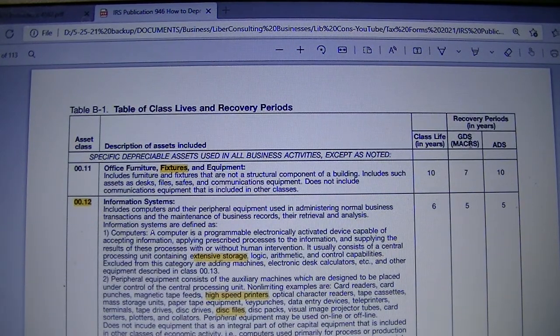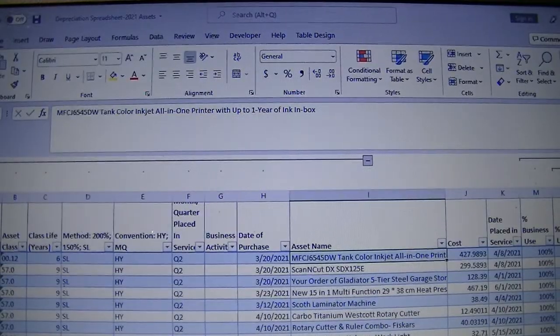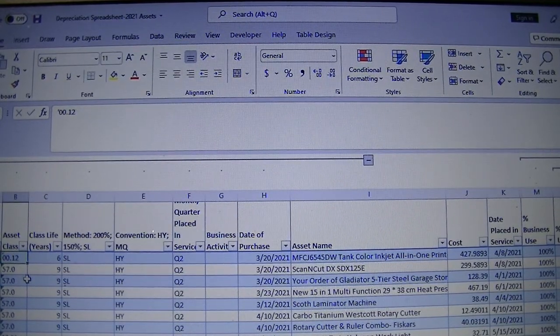They have GDS recovery period 5. So since we are going to use the GDS depreciation system, then our recovery period is 5 years. So now when we go back to our spreadsheet, we have class life, we have the asset class where we found the asset.